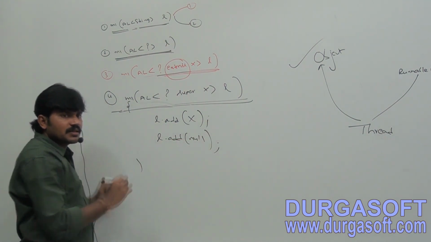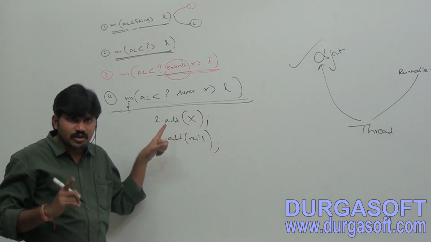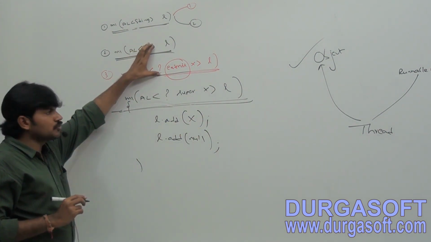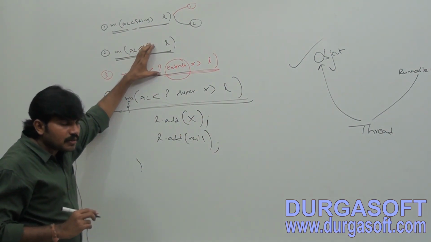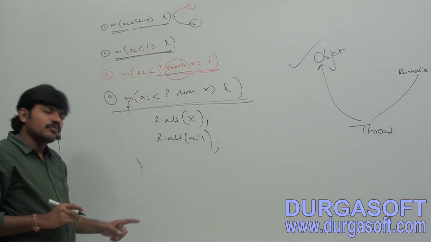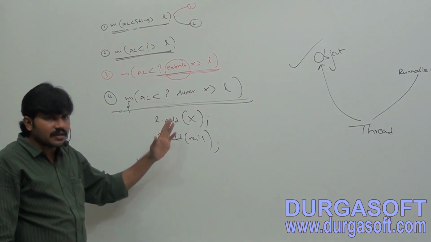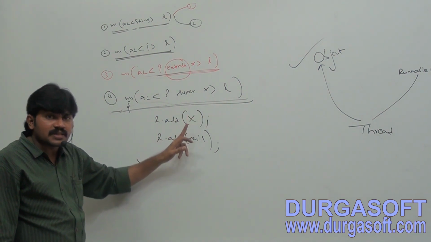But in these two, we can't add anything except null. But here, we can add anything. We can add x type of objects and null.